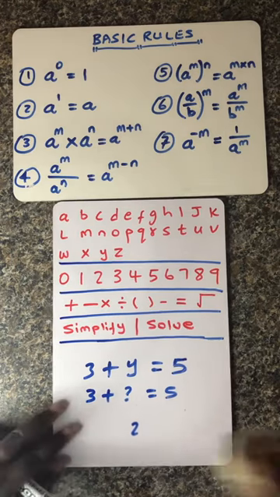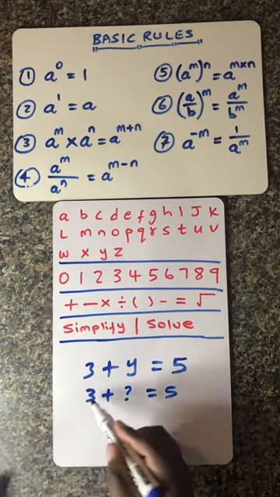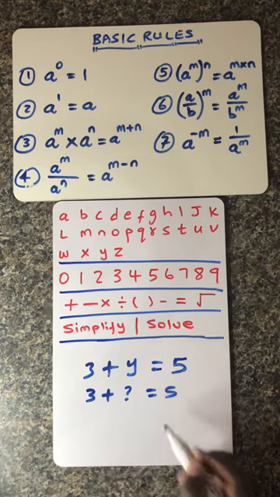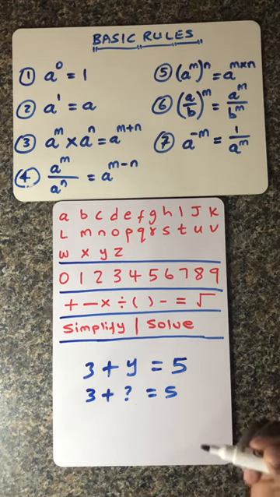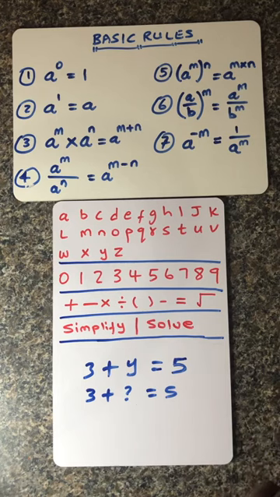Okay, that we know. So guys, you don't just say 2, because it's not at all times that an equation will be this simple. So that's why we need to teach you the basic rules that you must apply to show that the unknown for this equation is 2.